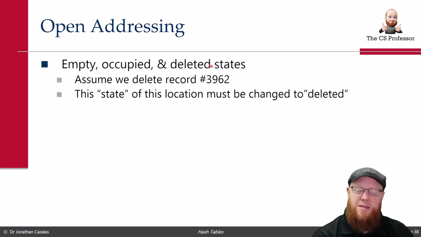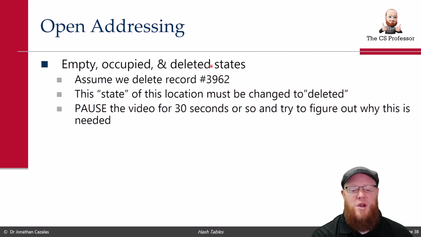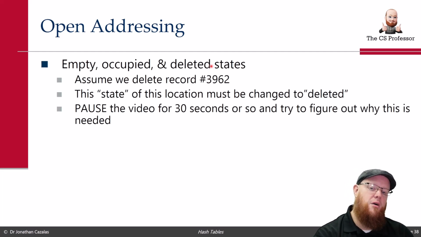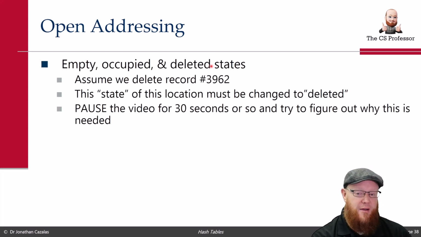At the very beginning, the state of every single cell would be empty. Every time you save something at an index, you change that state to occupied. But when you delete an index, you change that state to deleted, which tells you that something was there and was deleted, so continue the probing sequence.